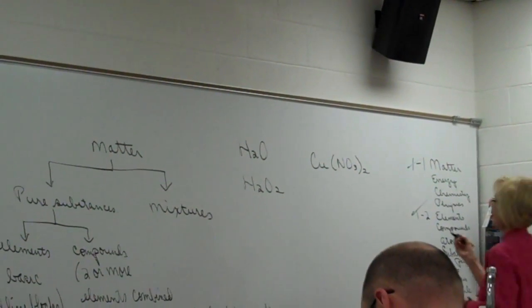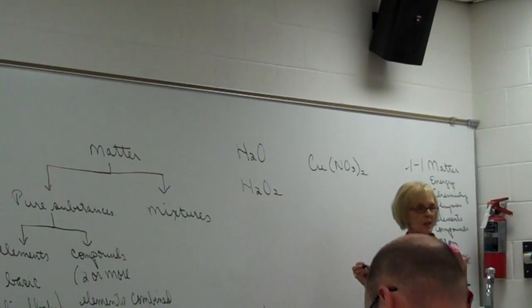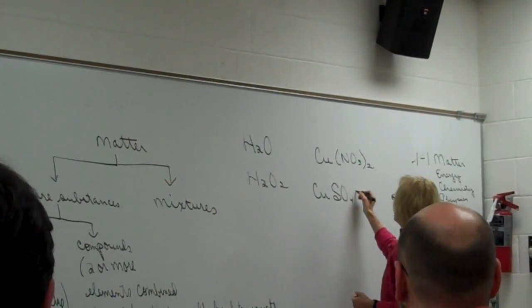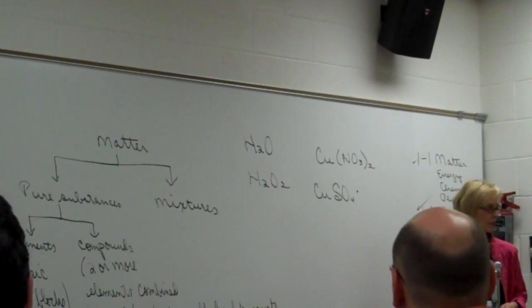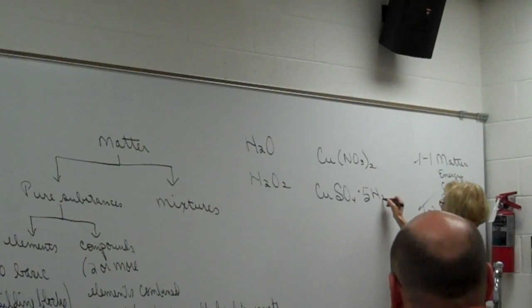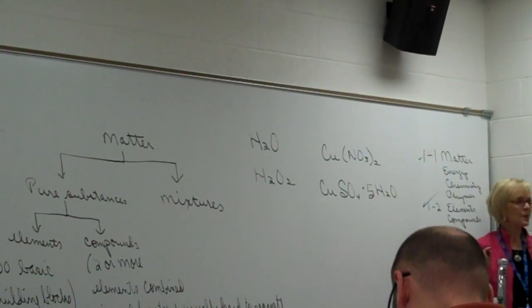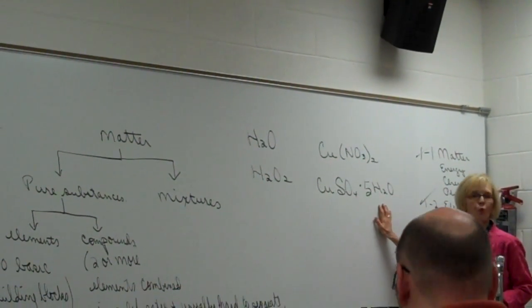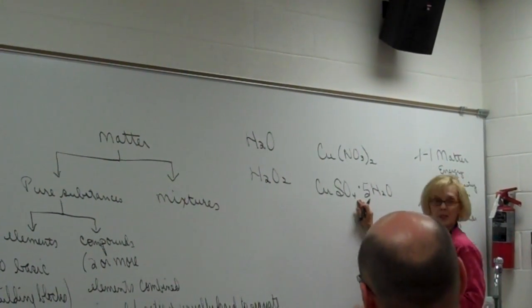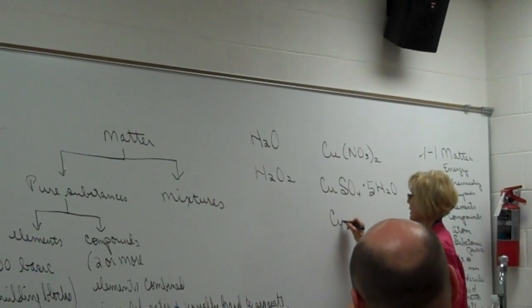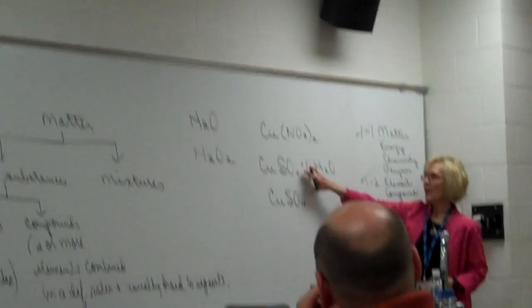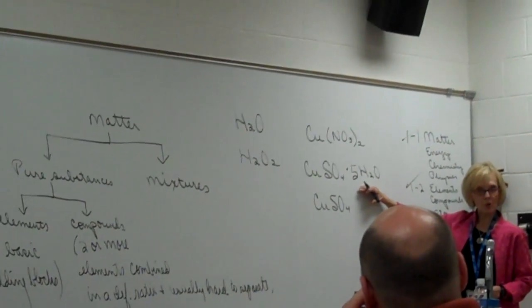That was trick 2. Now, here's trick 3, and it's much rarer than the other tricks. Sometimes you see a dot. And it's not like in math where it could mean multiplication. What almost always follows that dot is water. This compound is different in properties than this compound without the dot and without the 5 waters.